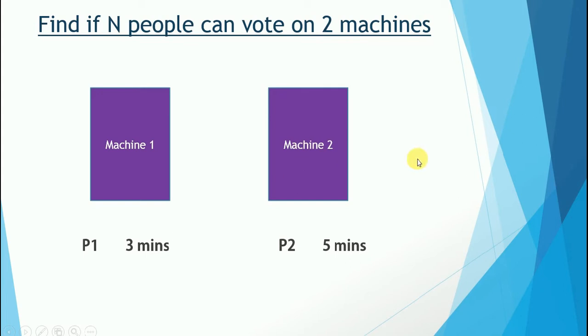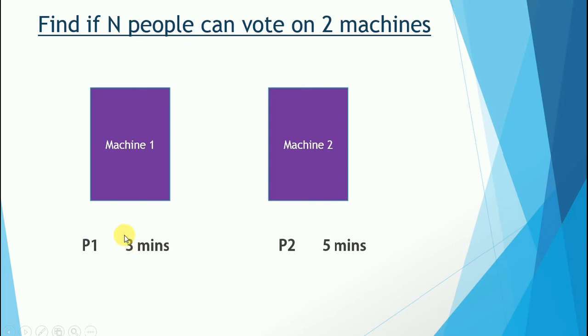Remember the time limit is 5 minutes. So P2 takes the entire 5 minutes. He usually takes 5 minutes to cast a vote on a voting machine. And P1 here, he takes 3 minutes to cast a vote generally. So he's going to take 3 minutes.